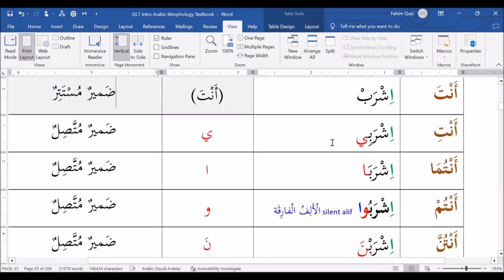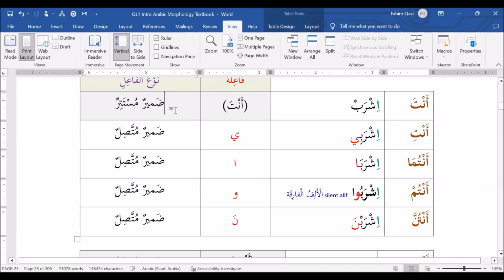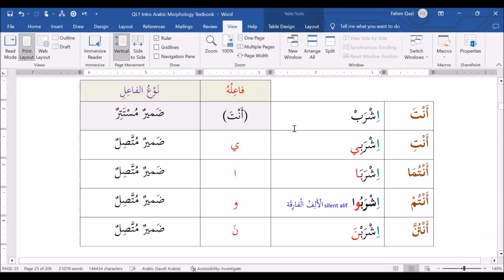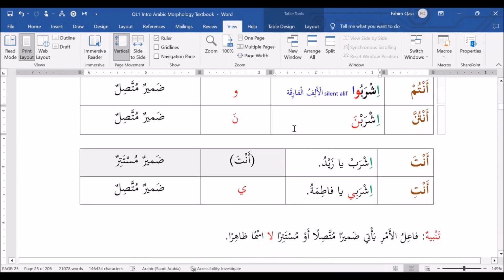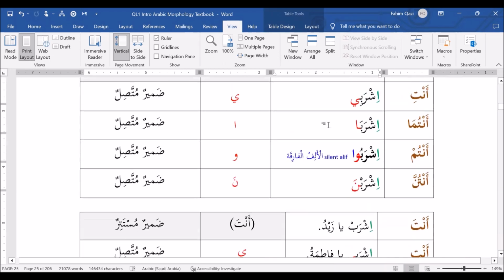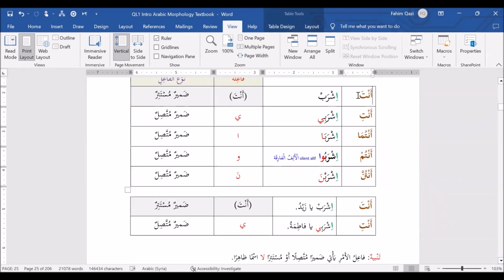So what are the possibilities for the pronouns for the commanding verb? The possibilities are damir mustatir and damir muttasil. Another thing you may have noticed is that there's nothing here in this table for ana, nahnu. For the mutakallim, for the first person, the amr does not apply.